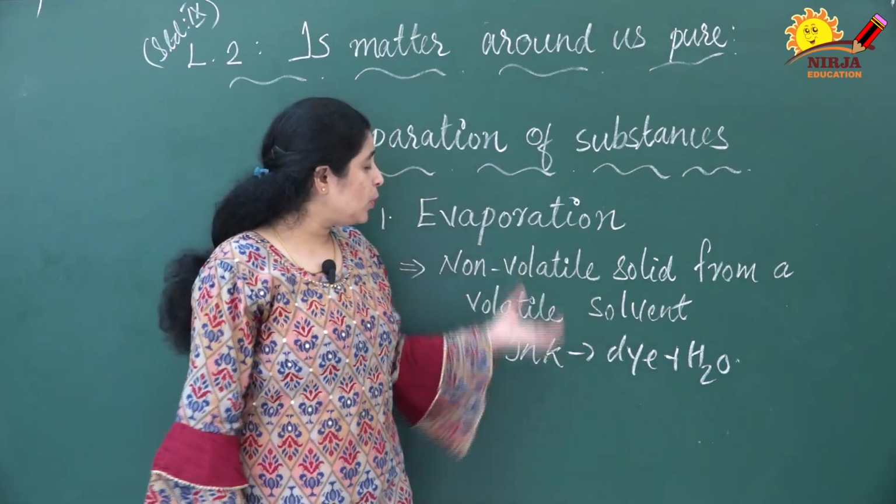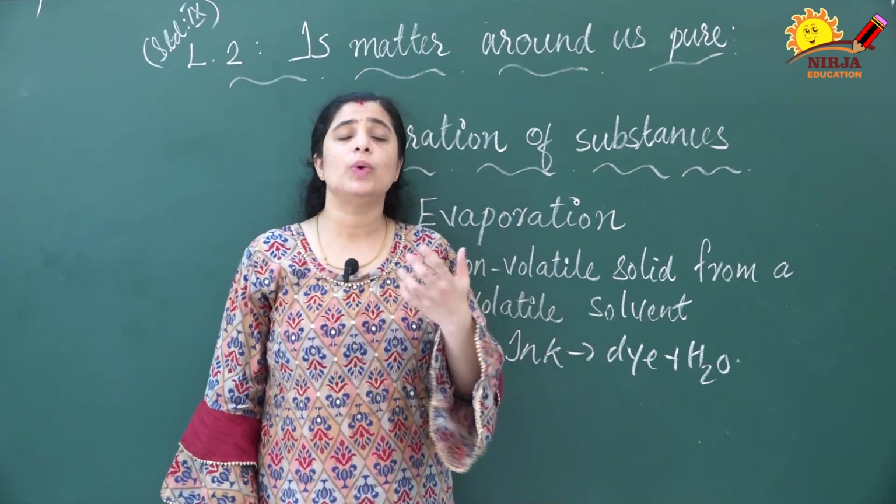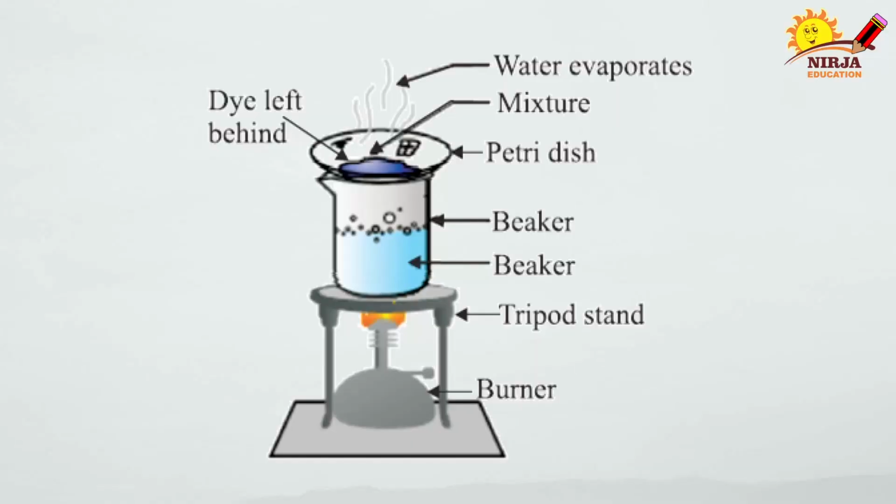To prove this, we are going to do one experiment. On the screen you can see the experimental arrangement. In this experiment we fill the beaker with water and put a watch glass on the mouth of it. After that, put a few drops of ink on the watch glass and start heating the beaker. After some time you can see vapor coming out from the watch glass.